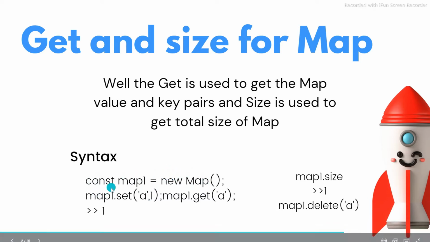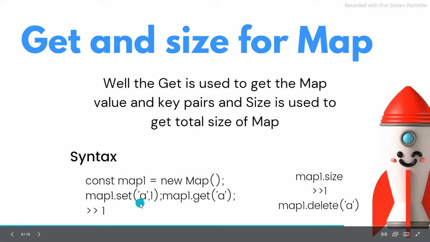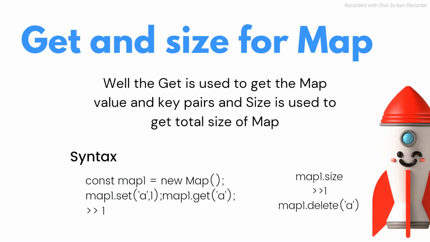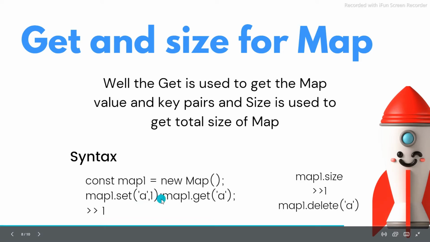Here we have used map1.set('a', 1), where we add the property and value into it.